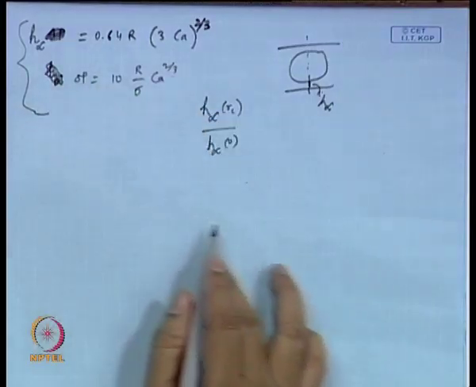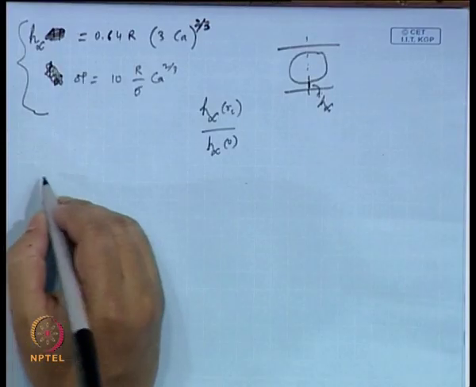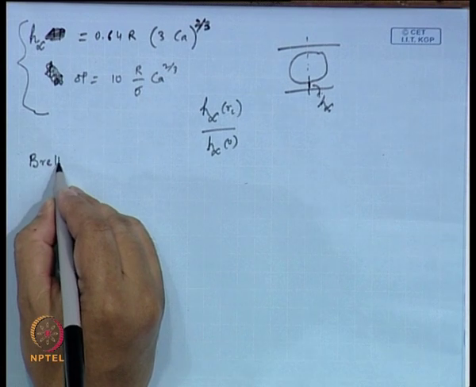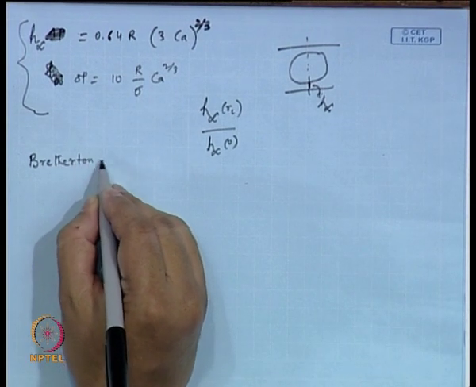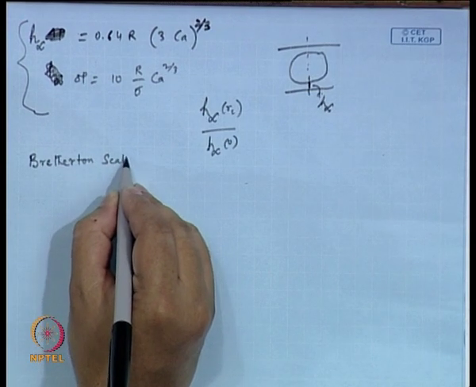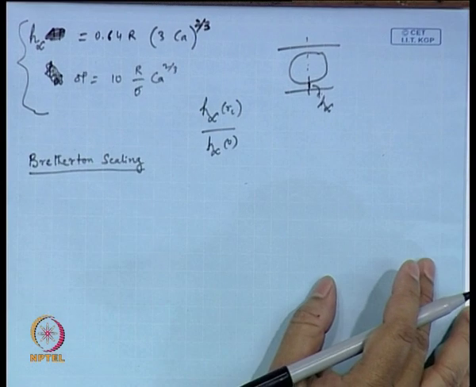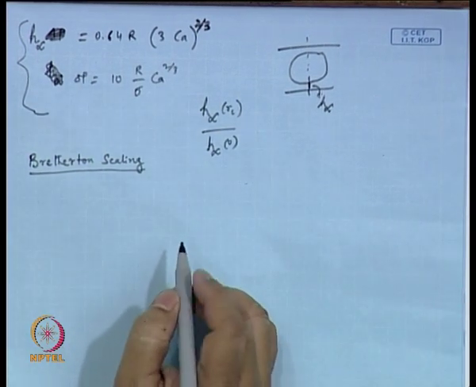On top of this understanding of Bretherton's equation, or the solution of Bretherton's analysis, we have another point to be noted here before we move to other topics, something called the Bretherton scaling. The Bretherton scaling is something like this.